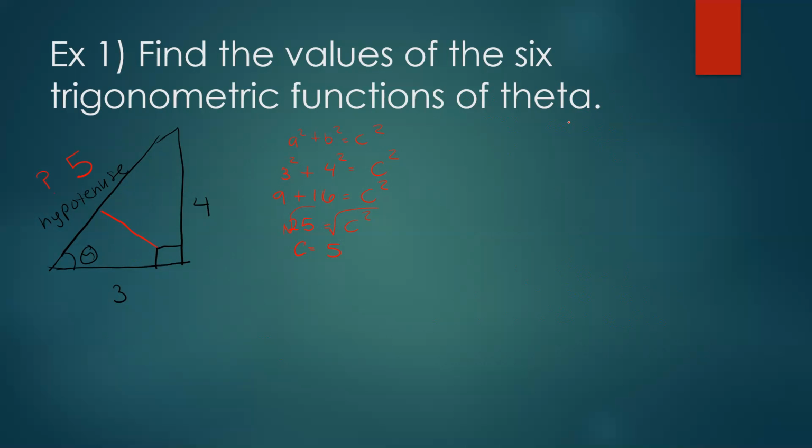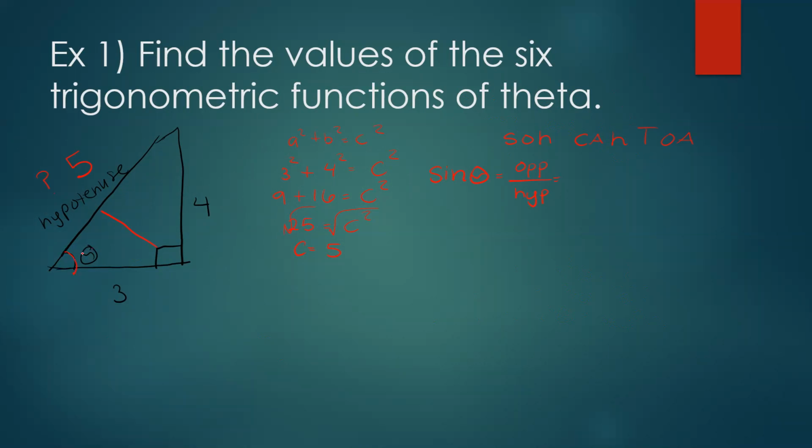What I'm going to do is use SOHCAHTOA, because at least I could find my 3 main ones, and then I could find the other 3 by taking the reciprocal of those. So let's start with sine theta. Sine theta, based on SOHCAHTOA, is opposite over hypotenuse. So you have to always make sure where your theta is.